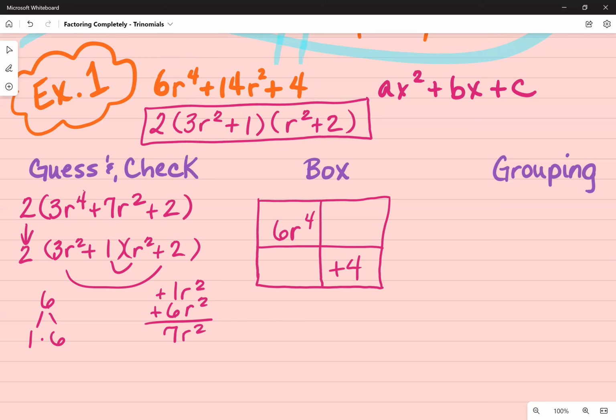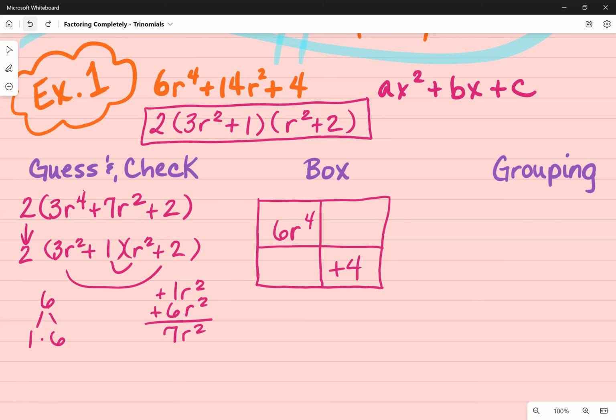I personally would have used this form if I were using my box, but I just want to show you in case you forget to factor out your greatest common factor, this is what it will look like. If you were using your greatest common factor form, this will go in the first box and this will go in the last box, and you would try to add to come to that positive 7r squared. But let's just say we forgot.